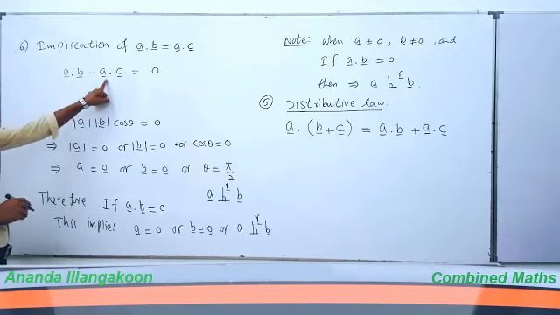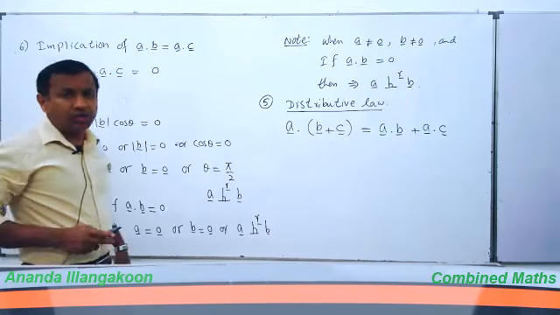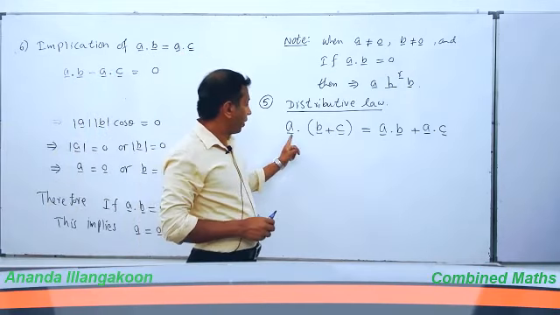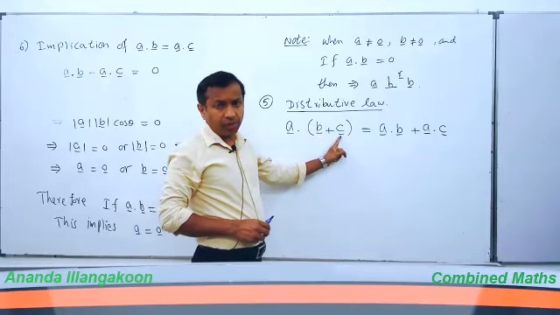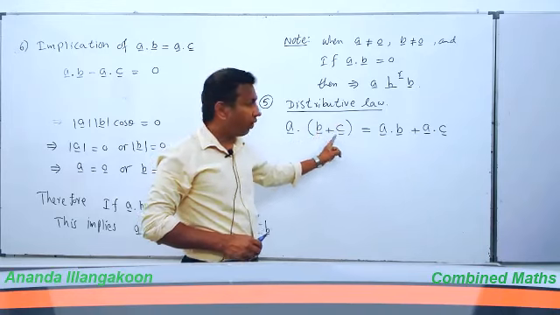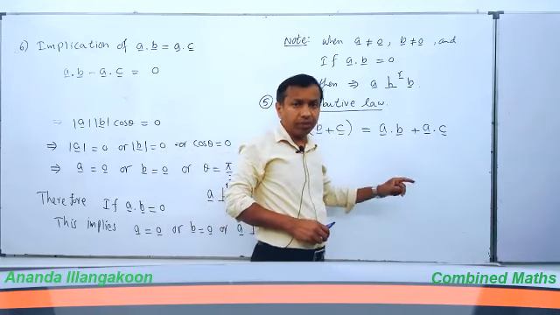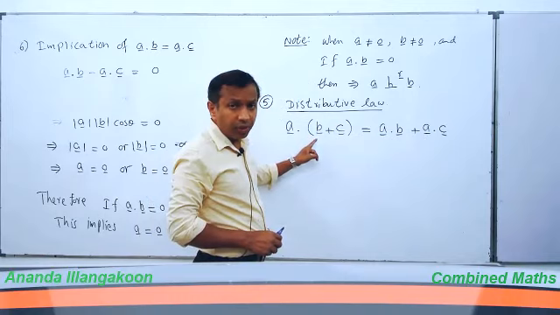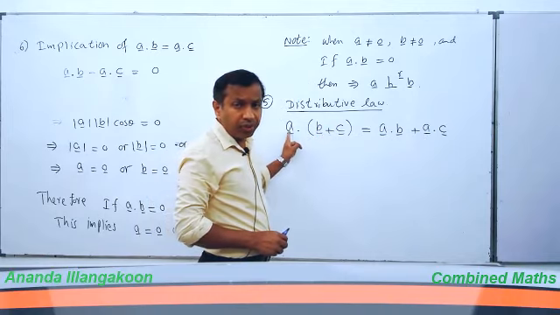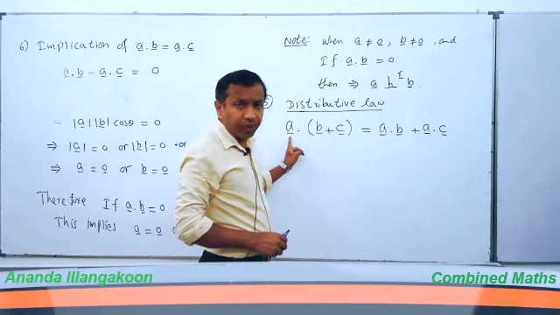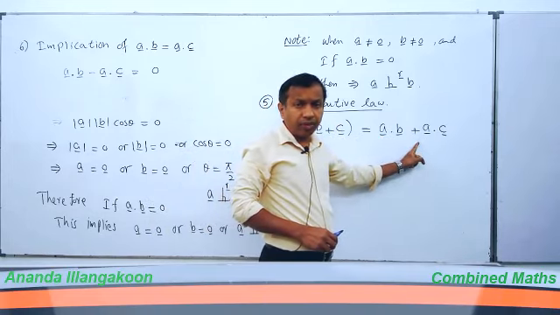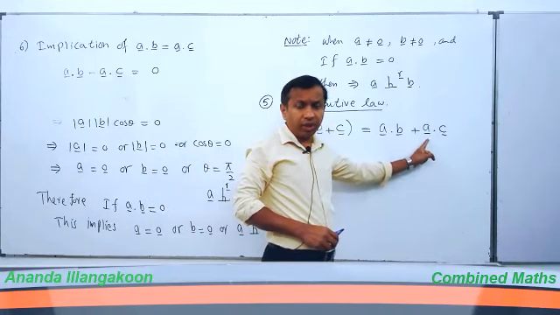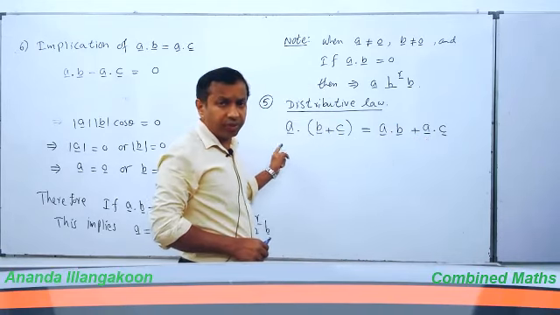Now, really, people, we can use to this left hand side the converse of the distributive law. People, see here, A dot within bracket B plus C we have. Subject to this distributive law, this one we can write as A dot B, A dot C. That means taking dot product of this B and C with this A. Then, can somebody tell me, using the right hand side, how to obtain the left?